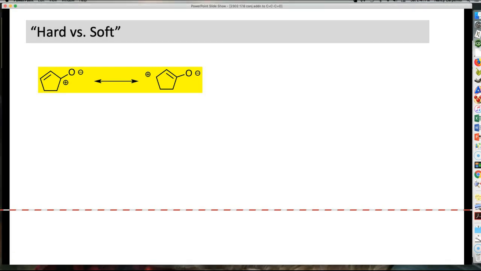Well, the hard electrophile, this guy right here, is hard because that positive charge is concentrated on that carbon. It's right next to the negative charge on the oxygen. That's a very highly developed positive charge. So I think of that as kind of an intense positive right there at that carbon.